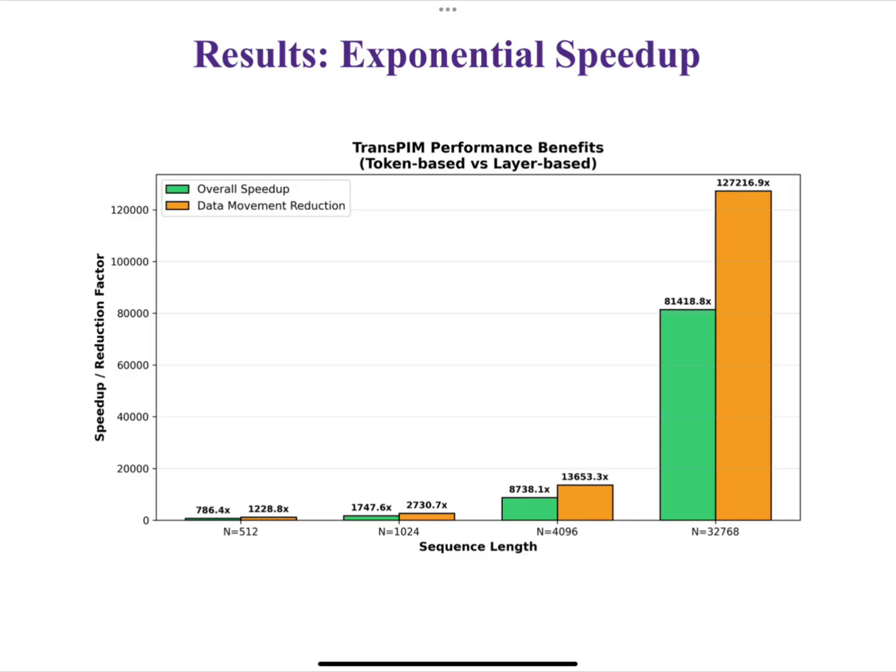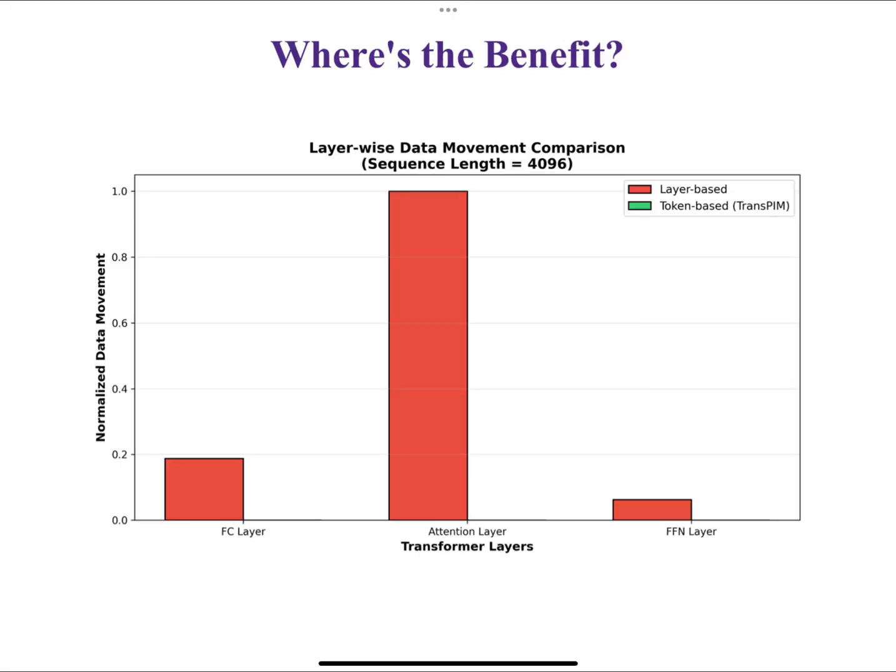So the chart shows the results. As you can see, the speedup grows exponentially with sequence length. This matches the theory. So the attention-reduced data movement gives an exponential benefit. Here comes the question.